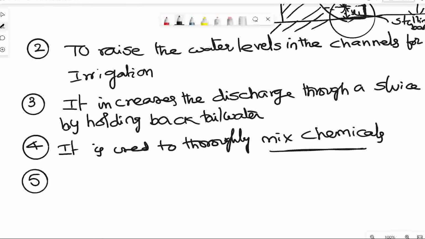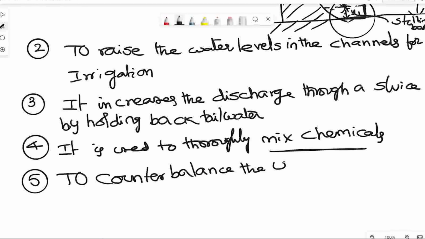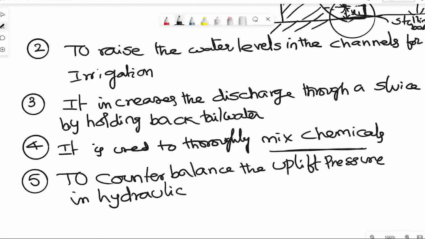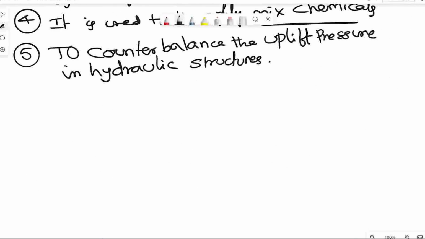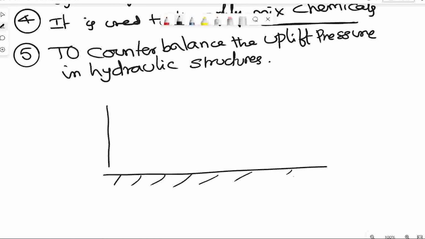The last one is to counterbalance the uplift pressure in hydraulic structures. If you see any hydraulic structure, this is how it forms.